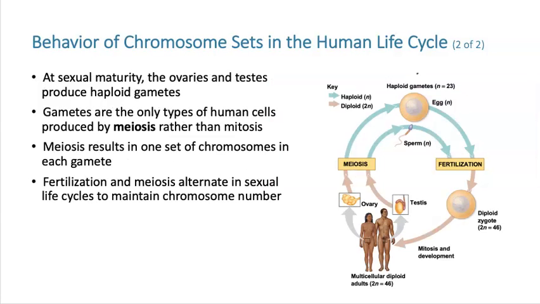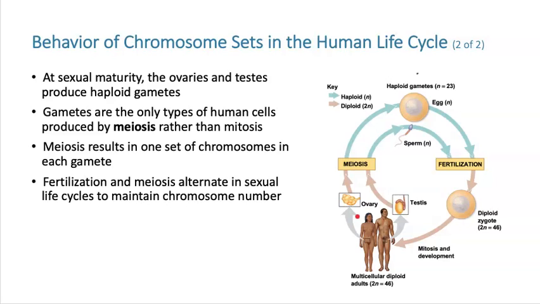So we look at this idea of the cell cycle, the human life cycle again. At sexual maturity, genetically females make eggs most of the time, but not always. There's always variations. Males will make sperm, again, often, and there are always variations.